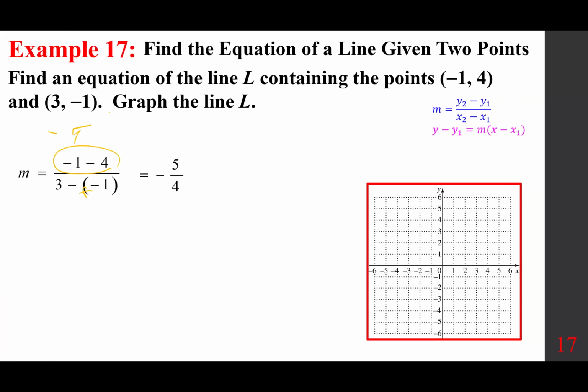You can put the negative in front of a fraction bar, in the numerator, or in the denominator. Normally, you don't put it in the denominator unless we want to come up with the next point and so forth and discuss the rise and run. So y minus y1 equals m times (x minus x sub 1). And we are going to use one of these two points.